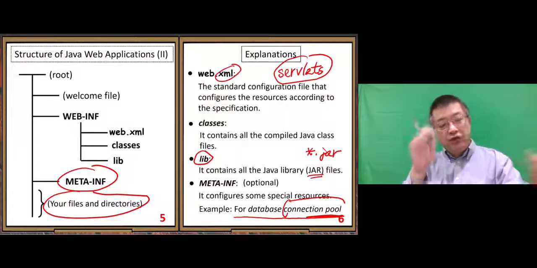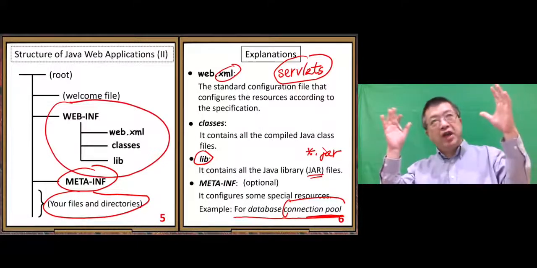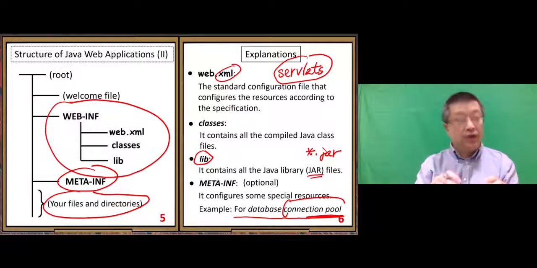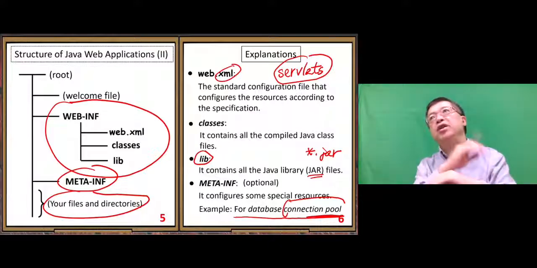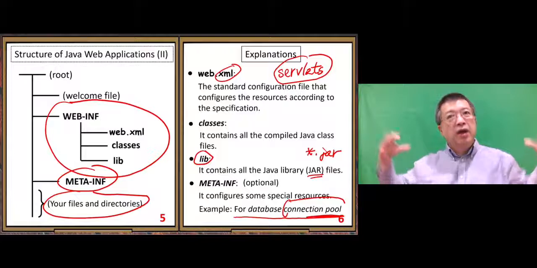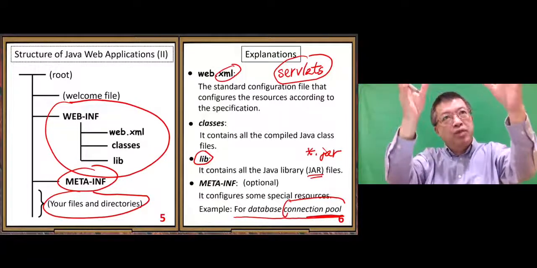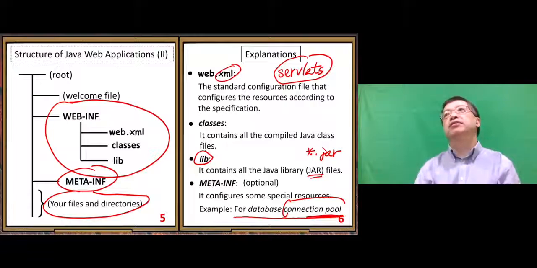Other parts you need to follow the Java EE specification, but in this part, you have the freedom to arrange your resources. Then after that, you deploy the whole thing into the Java web server, and you can run it.